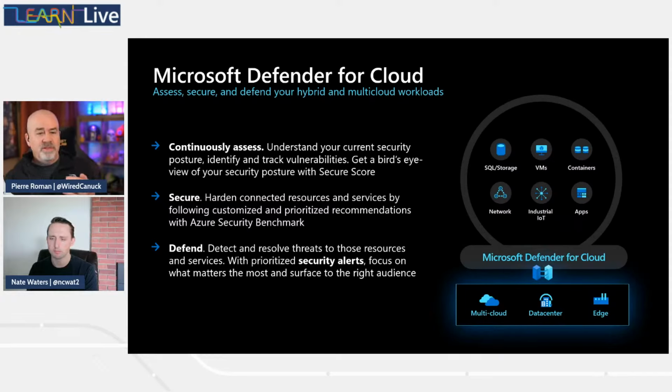So because Microsoft Defender for Cloud continually assesses and secures your environment, the secure score will come up, and you can see that the changes you've done actually apply and increase your score, which means you're just more secure than you were the last time.